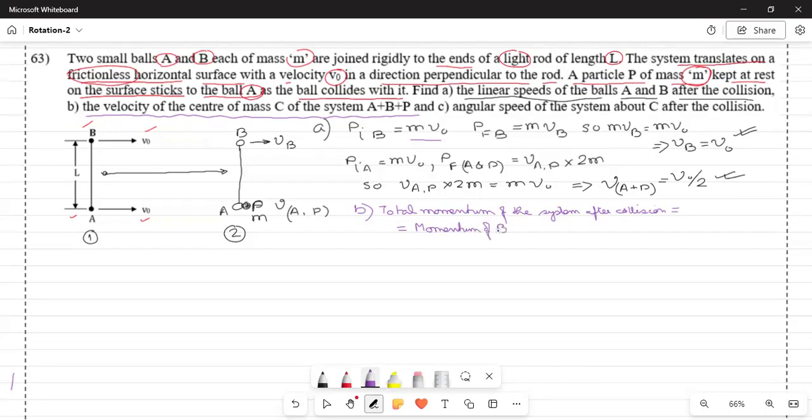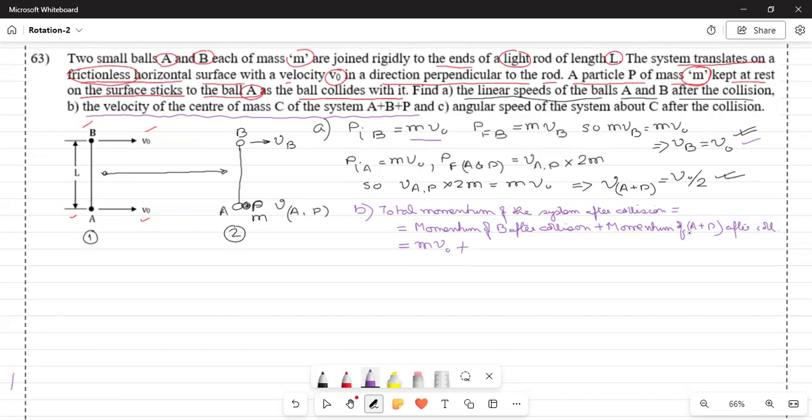I write it this way: momentum of B after collision plus momentum of A and P after collision. The momentum of B after collision is m V0, because B's mass is m and after collision its velocity was V0.